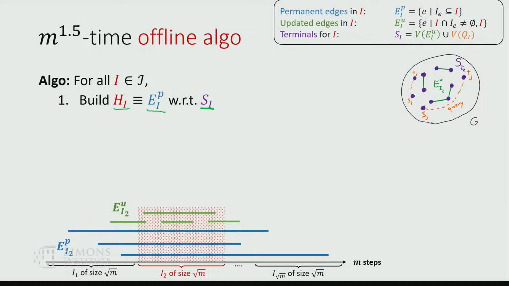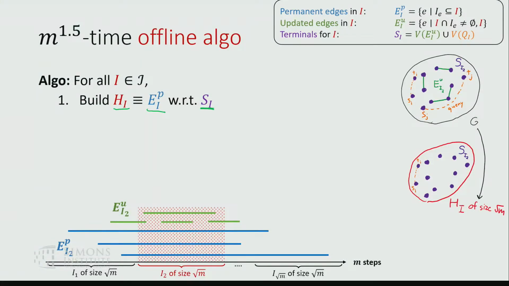Okay. So you have this graph. You look at this terminal set here and forget about the green thing because these are not permanent. And you compute the specifier H_I that preserves information about permanent edges for interval I. And H_I would have size root m.